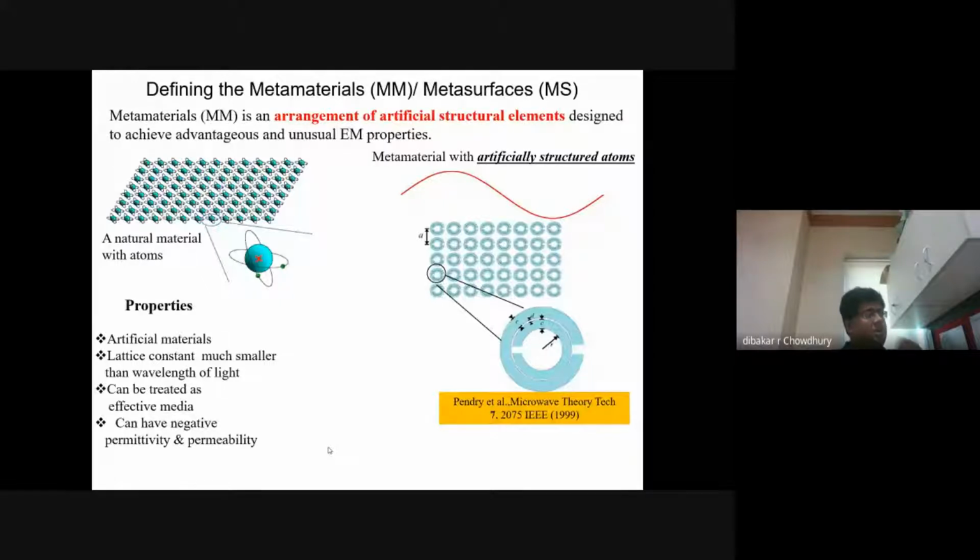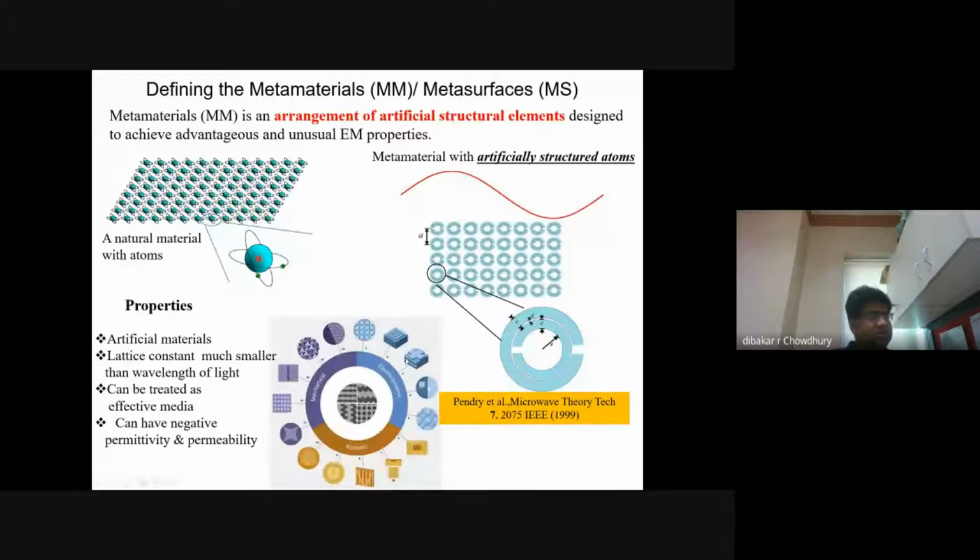Because of the convenience of these metamaterials, you see that they have enormous applications across the scientific spectrum.